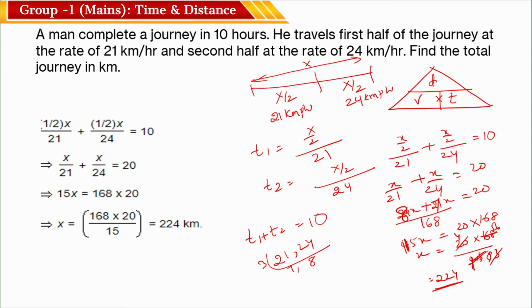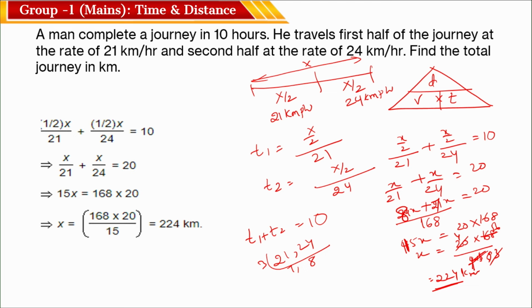So T1 equals x by 2 by 21 and T2 equals x by 2 by 24, because time is equal to distance by speed, and T1 plus T2 is given as 10 hours. So when you write x by 2 by 21 plus x by 2 by 24 equal to 10, then after simplification you get x equal to 224. So the total journey is 224 kilometers. In this manner you can find the answer easily.